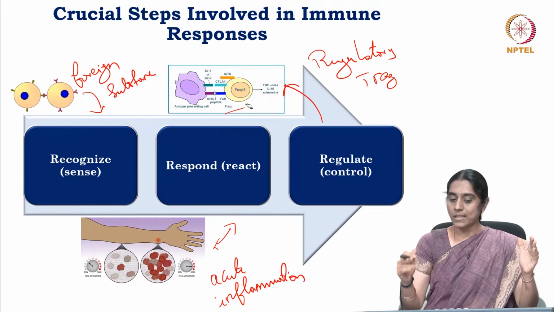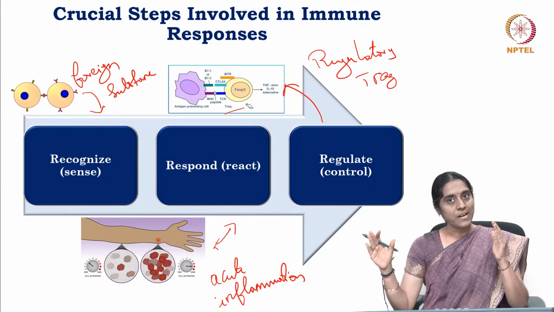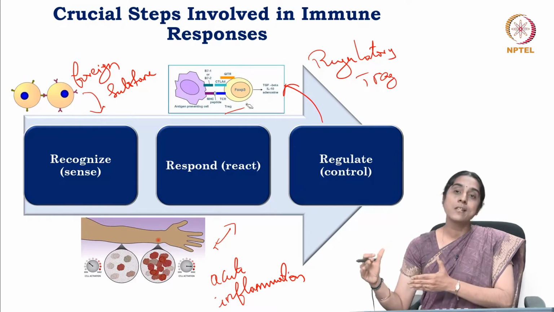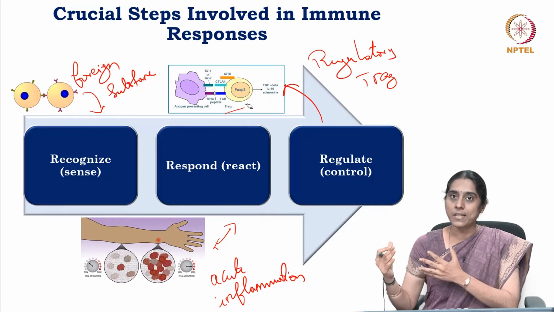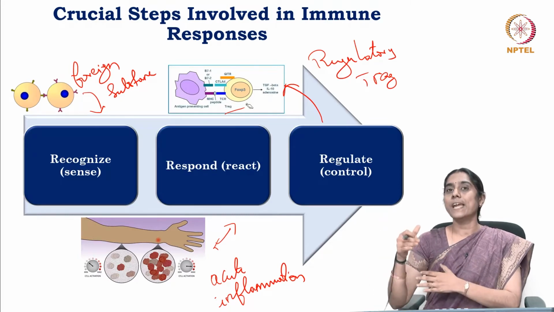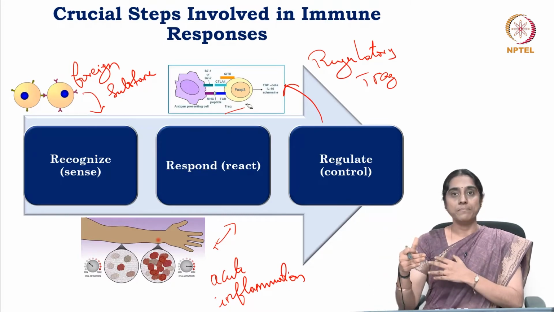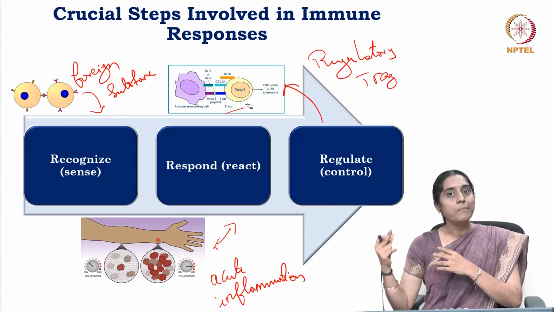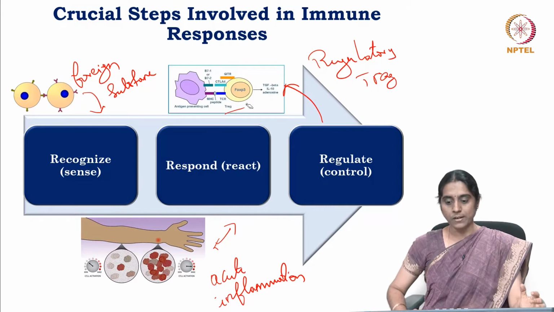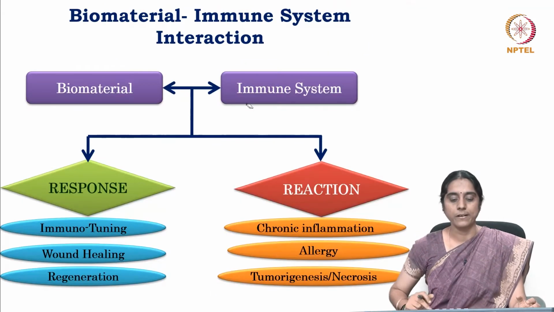So recognize, respond and regulate. There is also another set in case of infectious disease called the memory response. Okay, so that also happens. So again, when secondary infection happens, these memory cells come immediately into play and act. So I am not discussing that with regard to biomaterials.